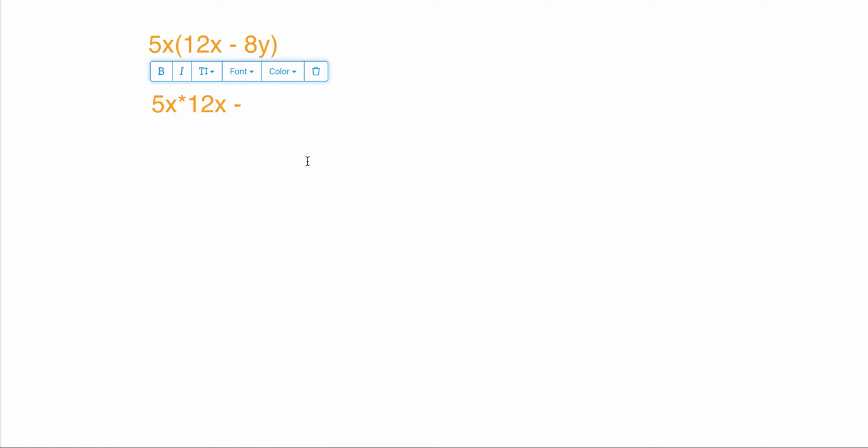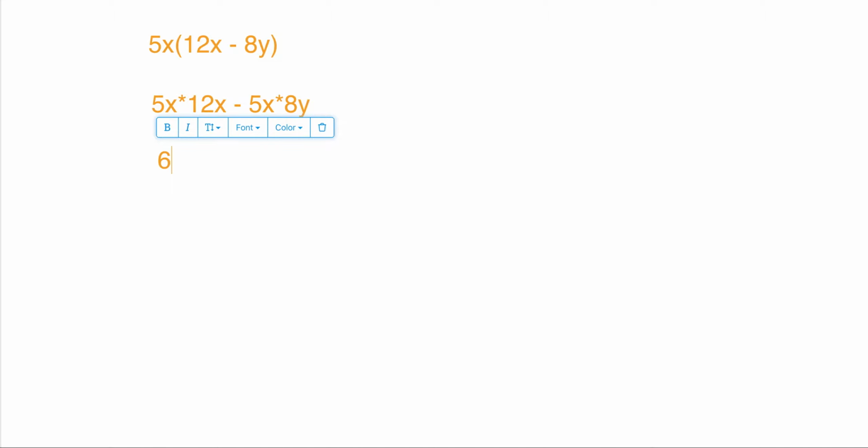That's very important. Minus 5X multiplied by 8Y. This will result in 60X squared. Make sure you have that squared because X multiplied by X is squared. Minus 40XY, because 5 times 8 is 40 and X times Y is XY.